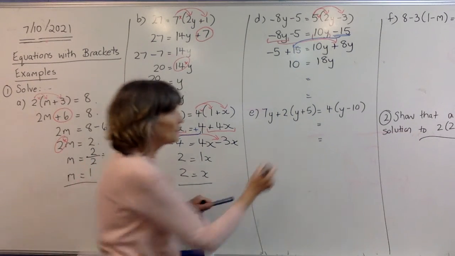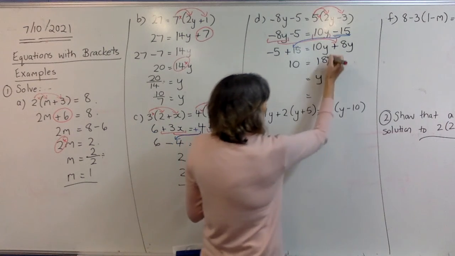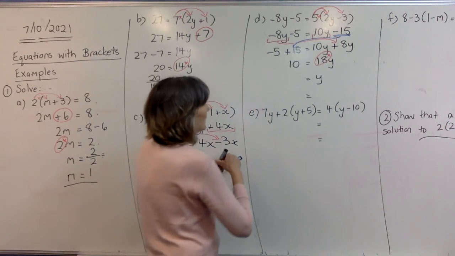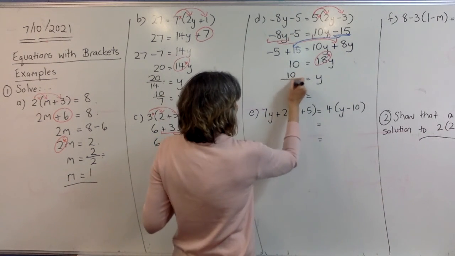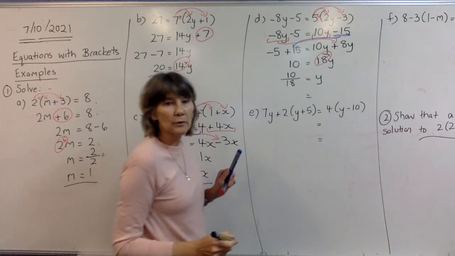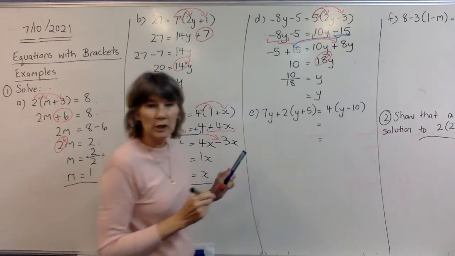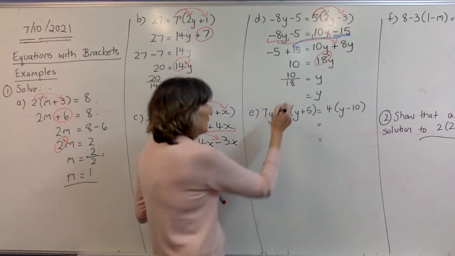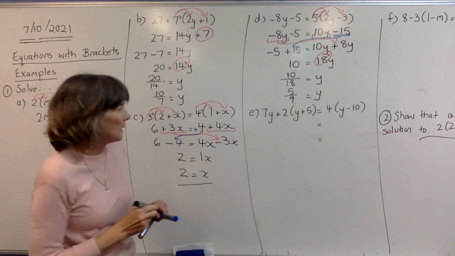So we still haven't got the y by itself yet, so the only way to do that is to get rid of your times 18. So let's come over, write down the 10. Opposite of times 18 is over 18 or divide by 18. Then you go to your calculator fraction key, press in 10 over 18 equals, and it should give you 5 over 9, and there's your answer.